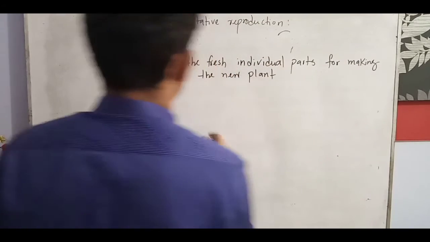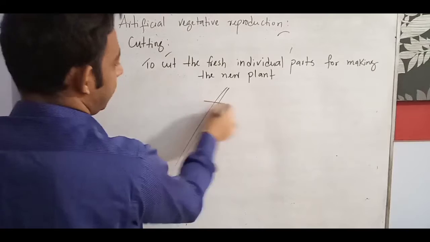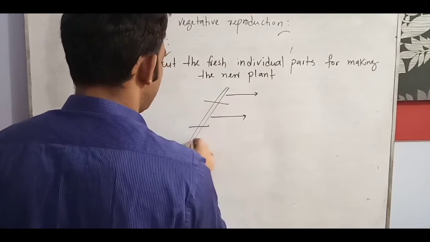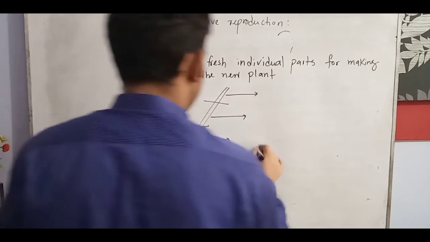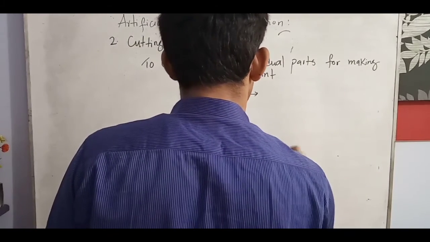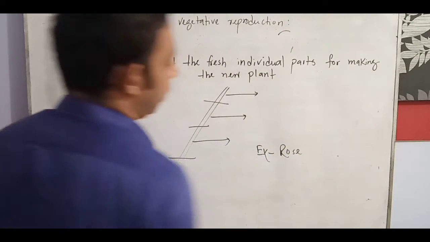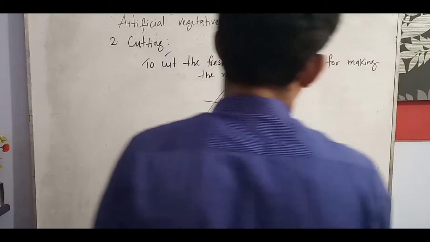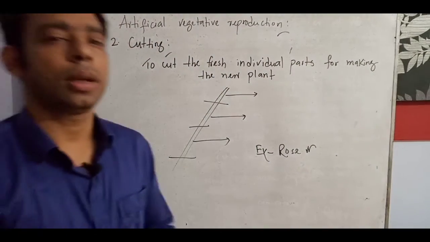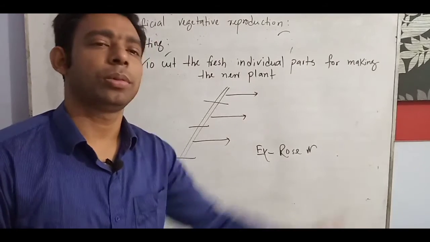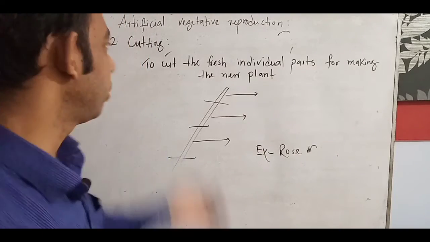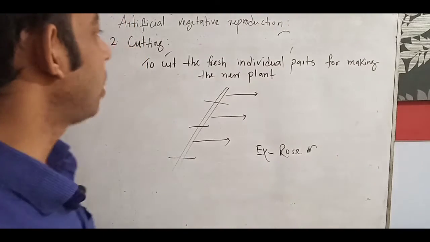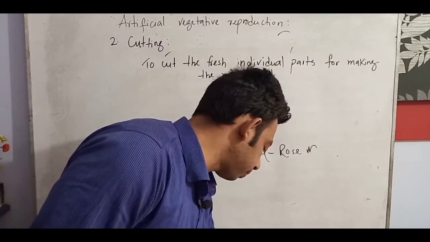Suppose this is a stem. If we cut it in this way, this can grow individually, this can grow individually, this can grow individually. For example, the rose plant is commonly cut, and we can see the cut rose plant, when it falls down, grows a new one. So cutting is the simple process of cutting fresh individual parts for making new plants.